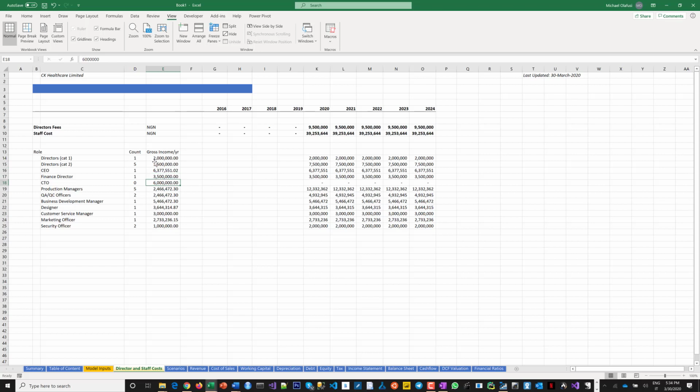For these directors for a company this size, let's just not give all the money to the directors, huh? So just downwards. The company is going to need also head of IT. So instead of CTO, IT head. Maybe you will get similar to what the finance director gets.